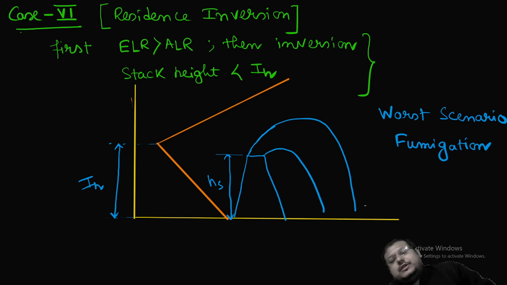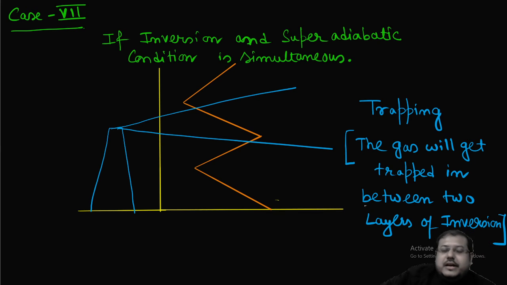It's the worst scenario called fumigation. And if inversion and superadiabatic condition are simultaneous, then the stack gas will get trapped in between two inversion layers, which is called trapping.